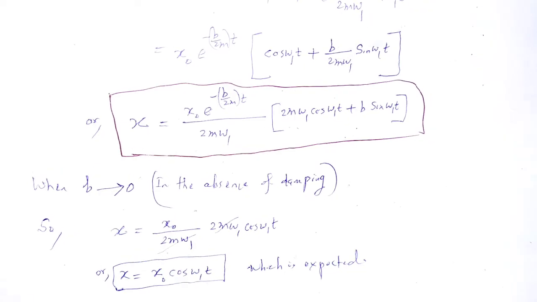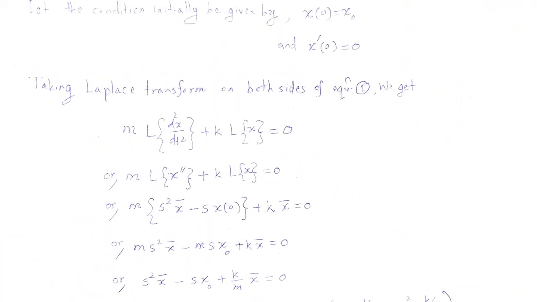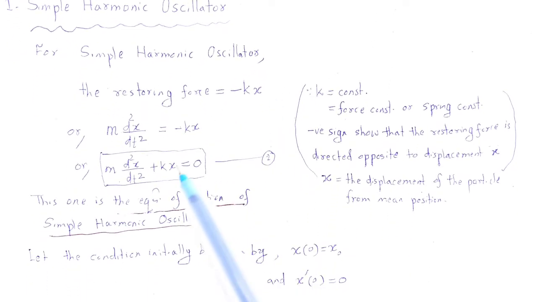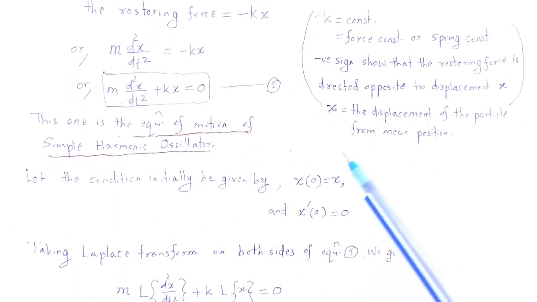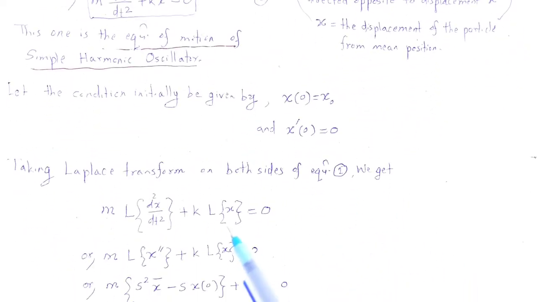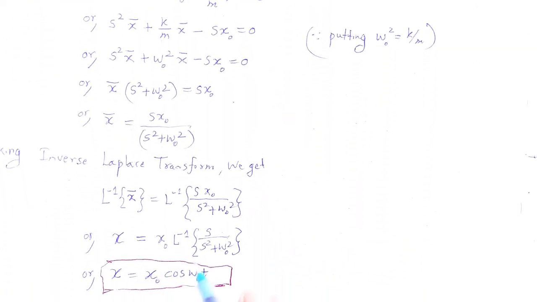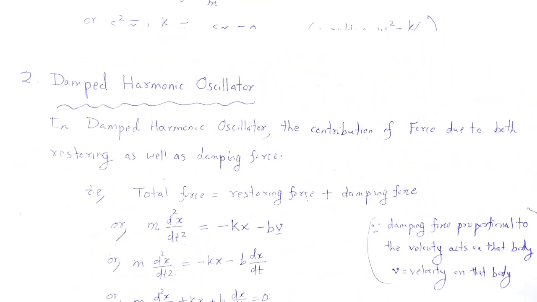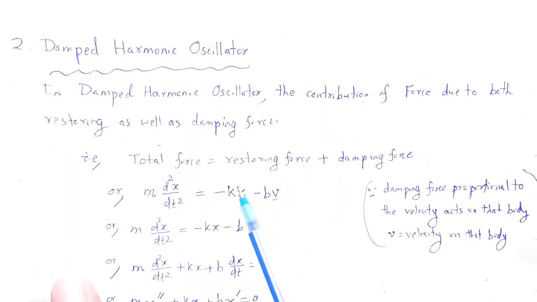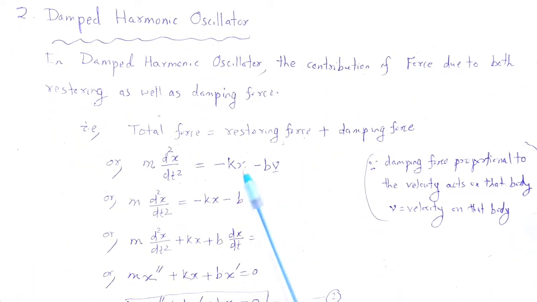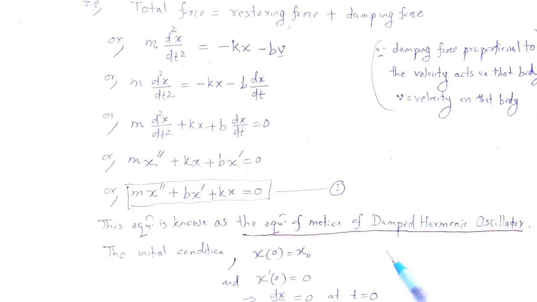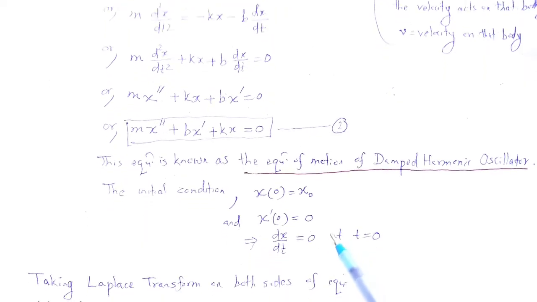So, with the help of this video lecture, we understood the use of Laplace transform for simple harmonic oscillator, the equation of motion for simple harmonic oscillator and its boundary conditions, and its solution by taking Laplace transform. That is the solution of simple harmonic oscillator. Next, damped harmonic oscillator. Here is the restoring force and the damping force. That is the restoring force. That one is the damping force. This is the equation of motion of damped harmonic oscillator and the initial condition.